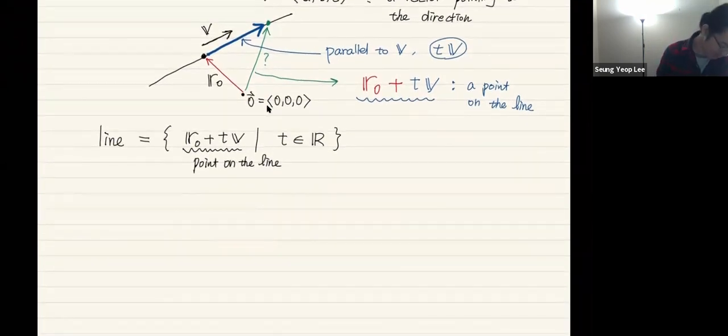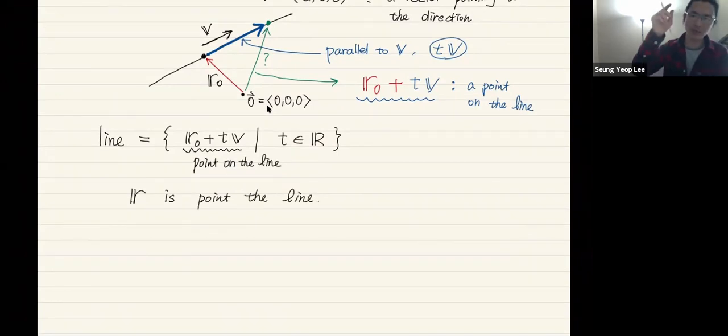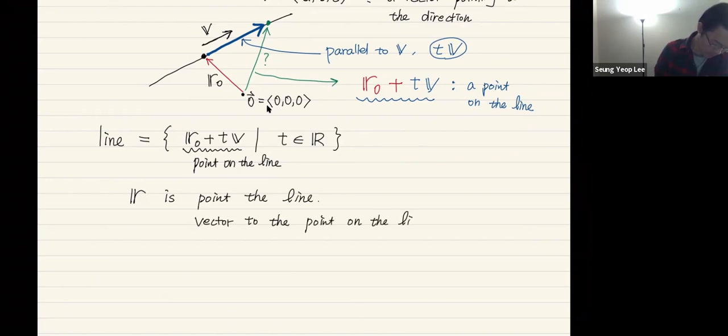Okay, another way: if R is a point on the line, any point can be represented by 3 numbers, and therefore it can also be viewed as a vector from the origin to the point on the line. So those 2 words are the same.